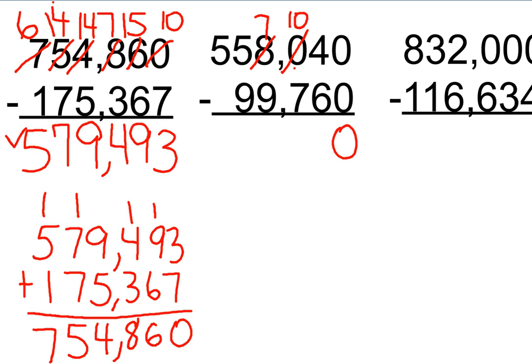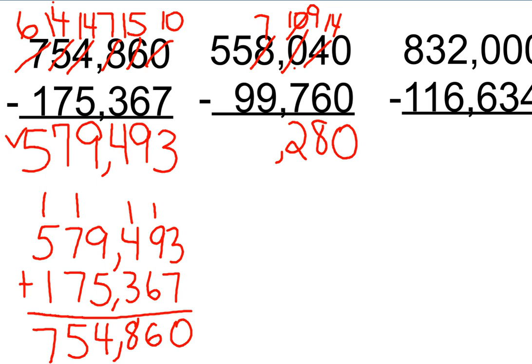Our neighbor now has enough hundreds for us to take 1 away. So I'm going to take 100 away and make this a 9. And then this becomes 14. 14 take away 6 is 8. 9 take away 7 is 2.